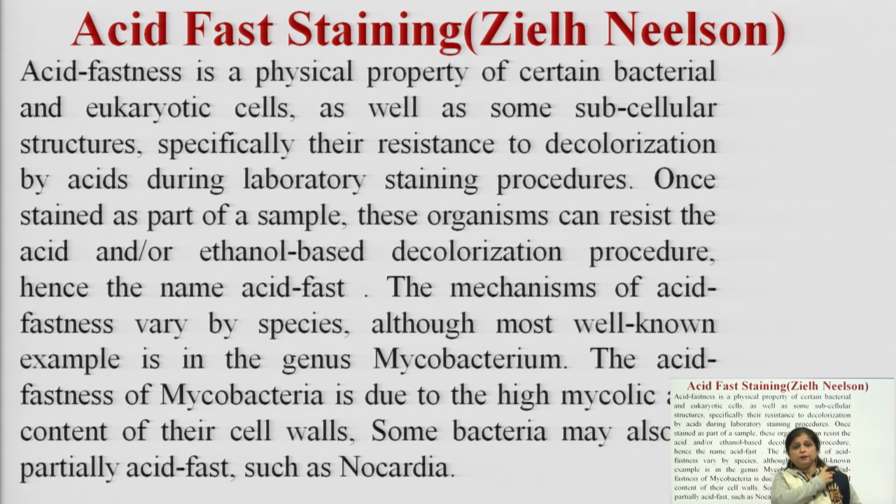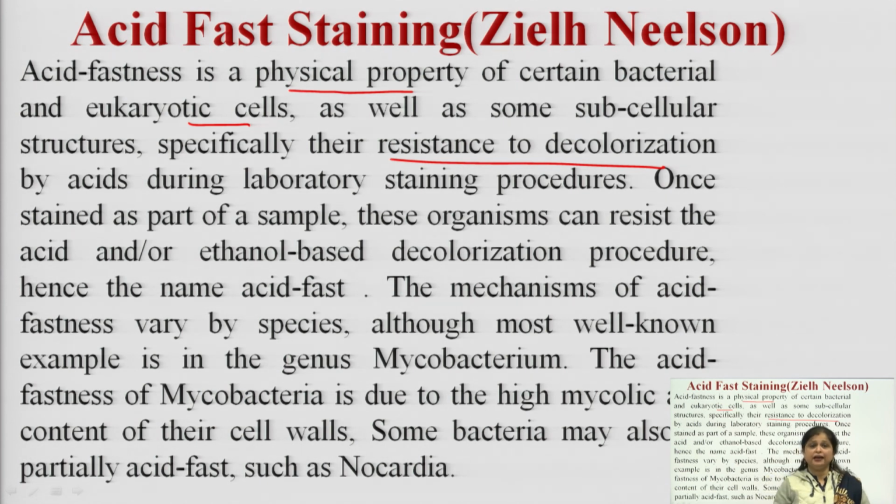Now, what do we mean by acid fastness? Acid fastness is a physical property of certain bacteria and eukaryotic cells. What is that physical property? They resist decolorization by alcoholic acids.